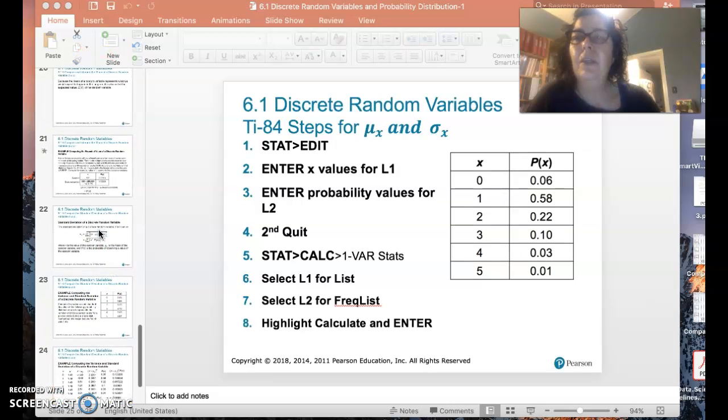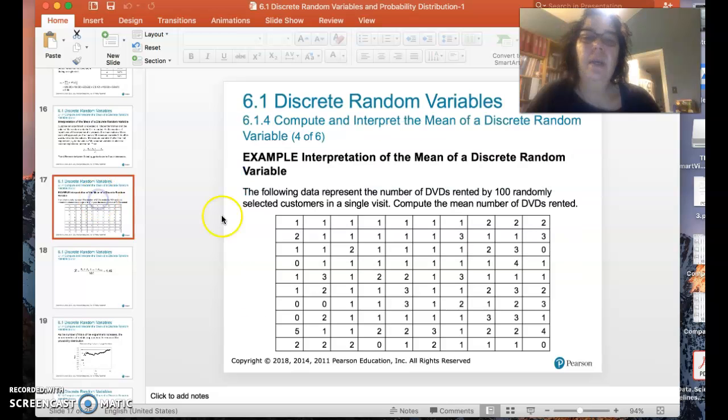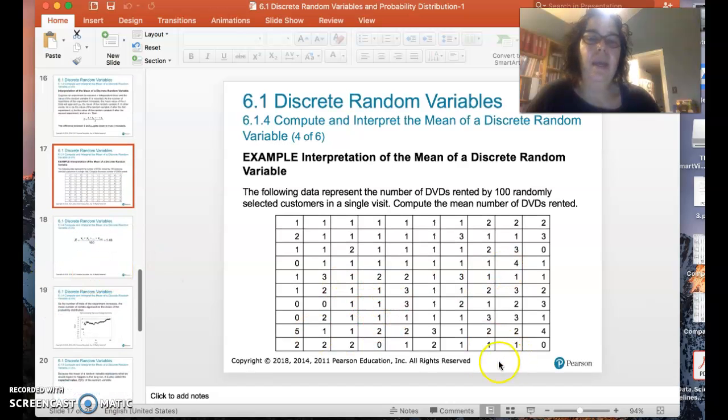I believe it comes from the slides here. DVDs rented by 100 randomly selected customers. The frequency of x equals 0 happening, if you count 1, 2, 3, 4, 5, and 6, is 6 out of 100, 0.06.